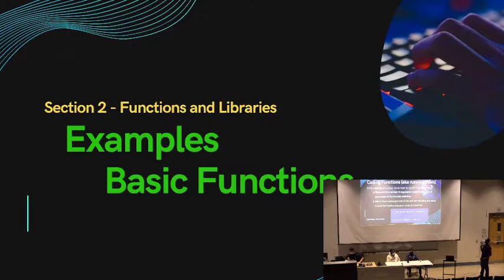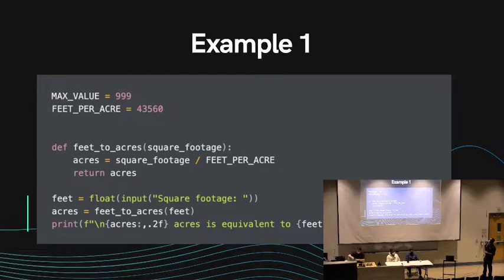Next slide. Okay, so now let's move on to some basic examples of functions. And this, again, comes straight from your assignments. Next slide. Okay, so this first example basically takes in one parameter. You pass in that number, square footage, and then the body of it, for this example, doesn't really matter because it's just some useful work is done.